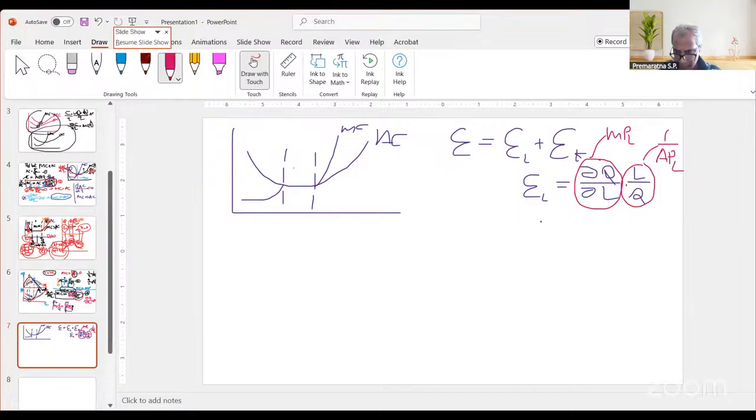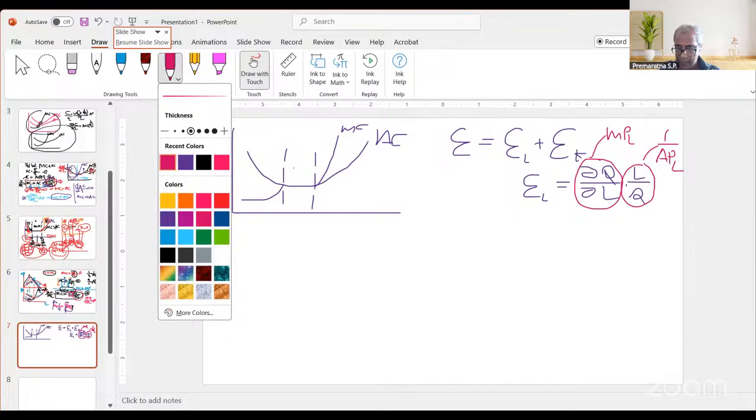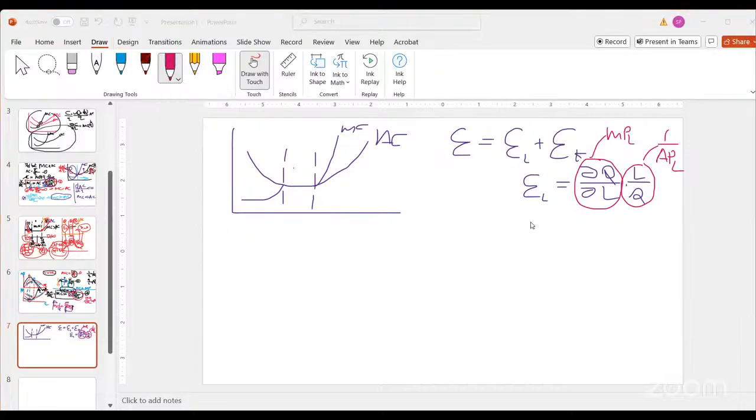Now we can rewrite the labor output elasticity as marginal product of labor divided by average product of labor.